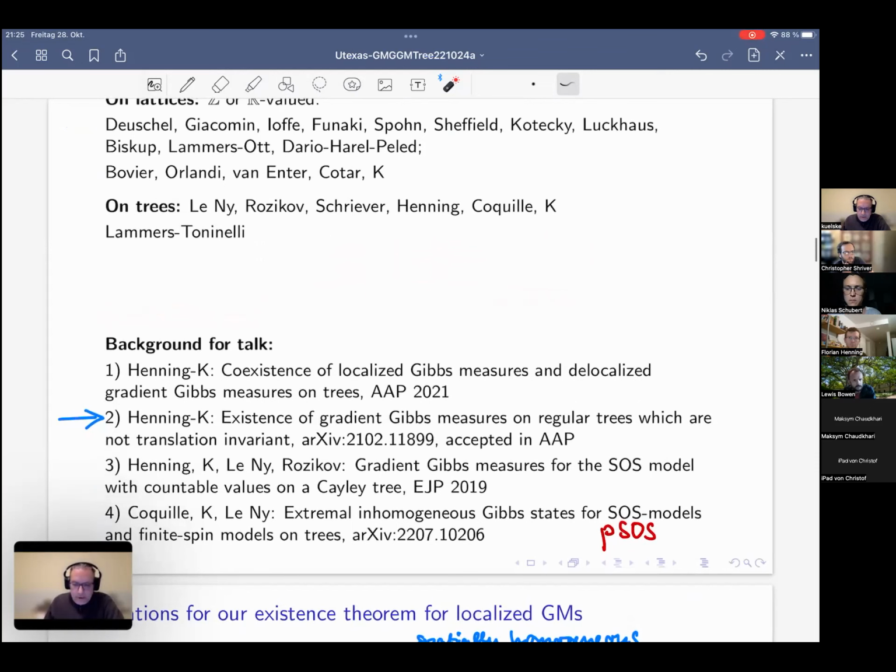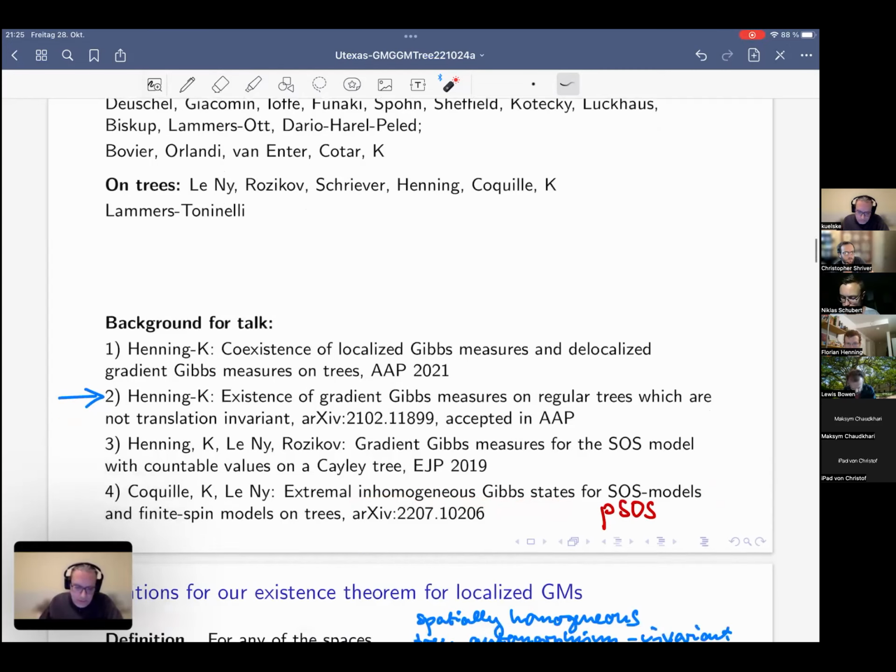For the talk, there are these two papers with Florian, one automorphism invariant, one non-automorphism invariant, not even translation invariant. This is a precursor paper, also with Arnaud and Woodkear. And this is an independent method from statistical mechanics by doing expansions and also getting extreme and inhomogeneous Gibbs states, at least in a subclass of models than the one which we have here.